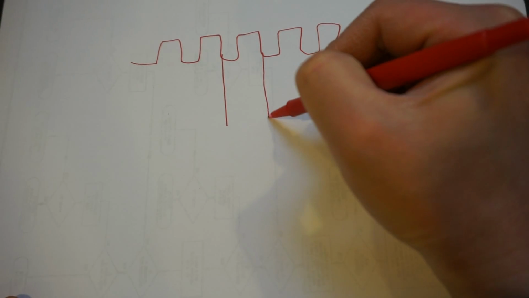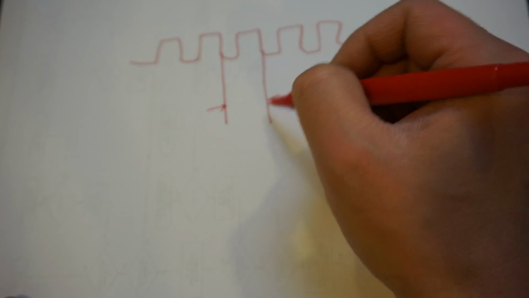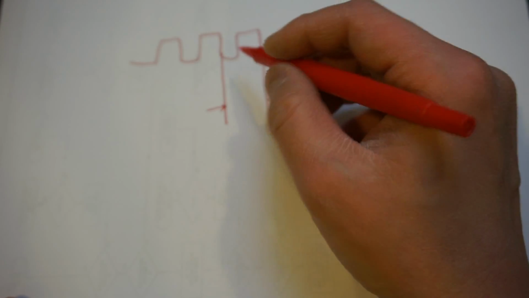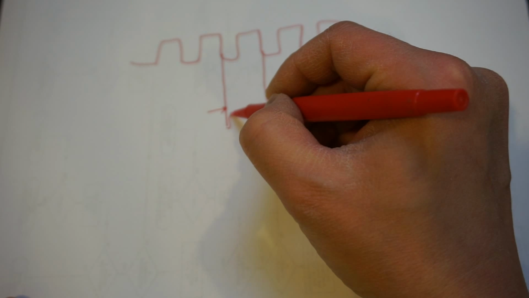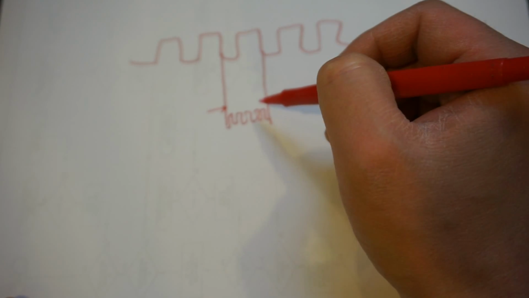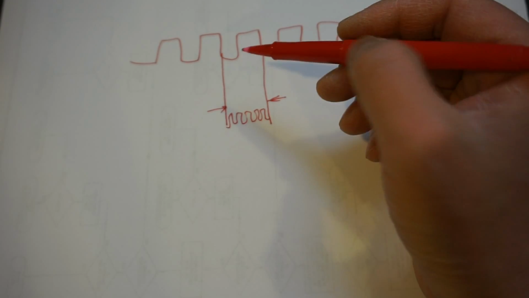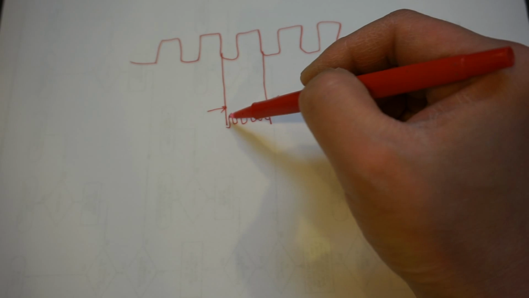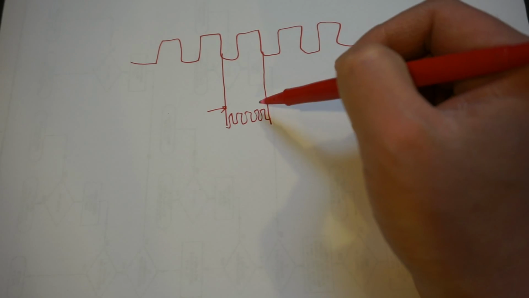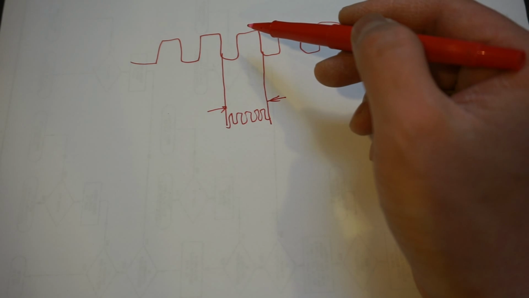For example, we start our counting here, and we end our counting here. So now this is 1 period. This time is unknown, but we do have our known clock signal, so we can count how many clock pulses there are within this interval. Given the clock frequency and the number of clock pulses here, we can calculate the frequency of the unknown signal.